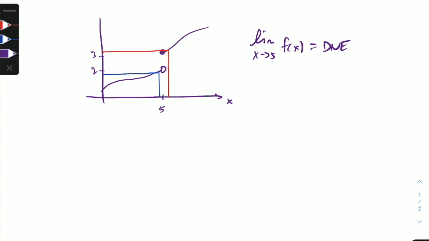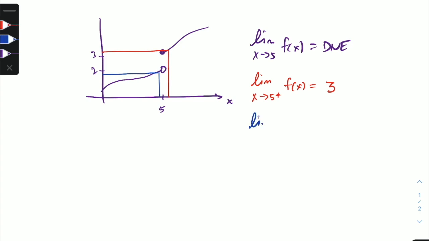Now we still see that we can say something about this function, because it's clear that if the inputs are above 5, then the outputs are going to 3. So this is where right and left limits come in. So what we do is we say if we're approaching 5 from above, or from the right, with this little superscript plus, so values that are bigger than 5, then those outputs are going to be approaching 3.